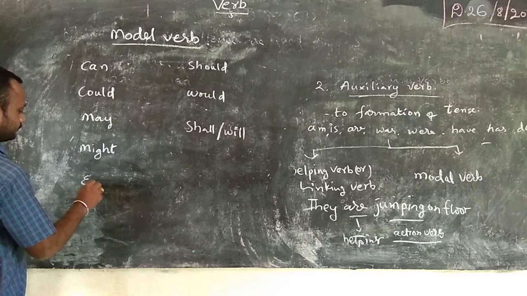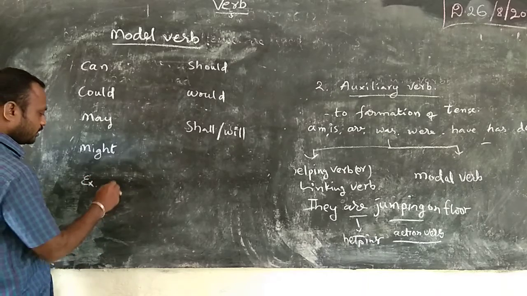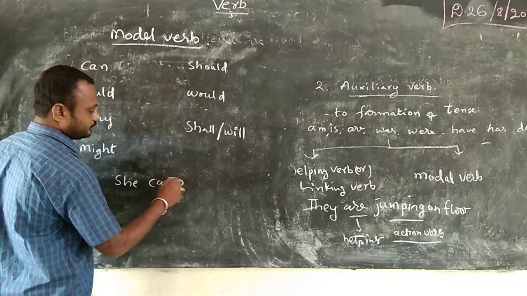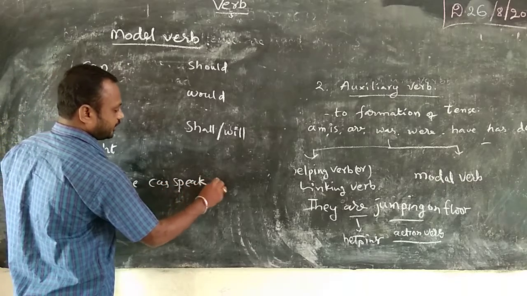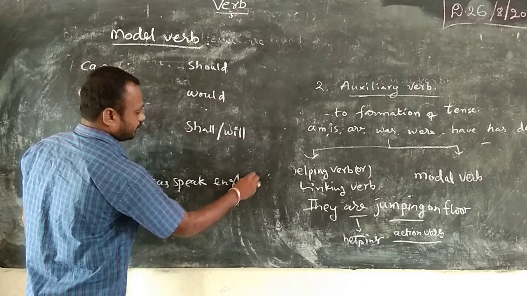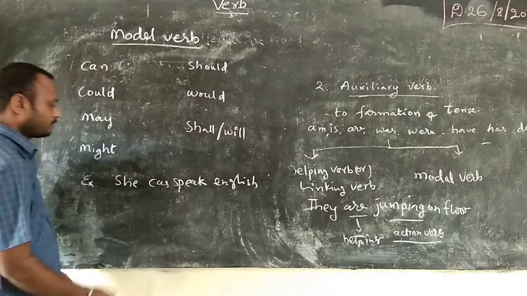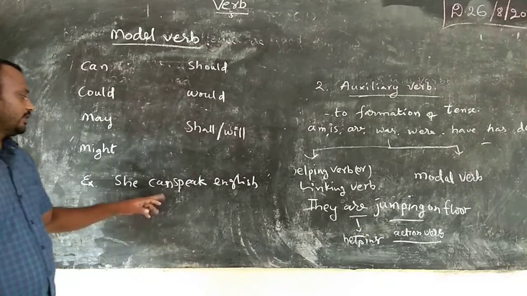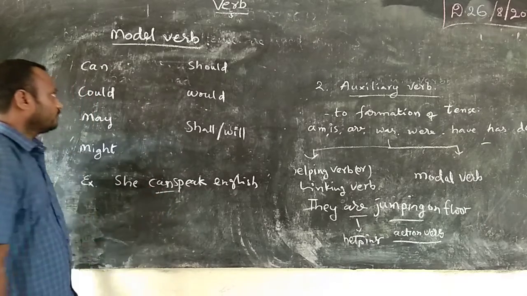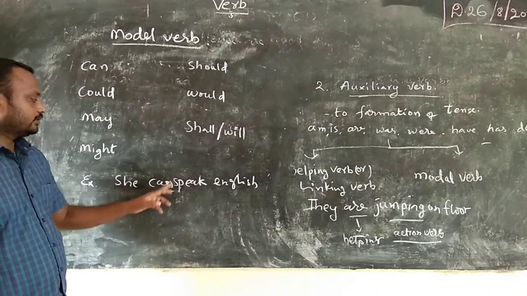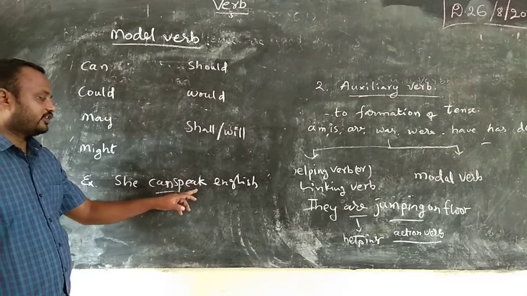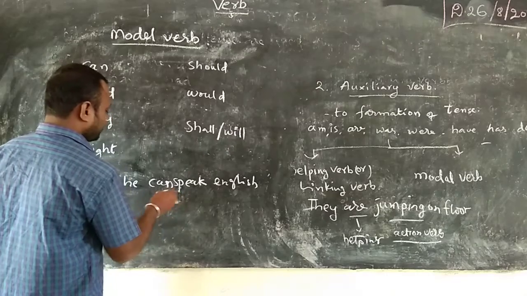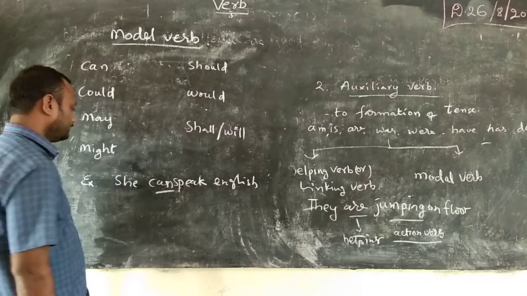For example, she can speak English. Can is the modal word. It modifies the action word speak. It indicates ability.